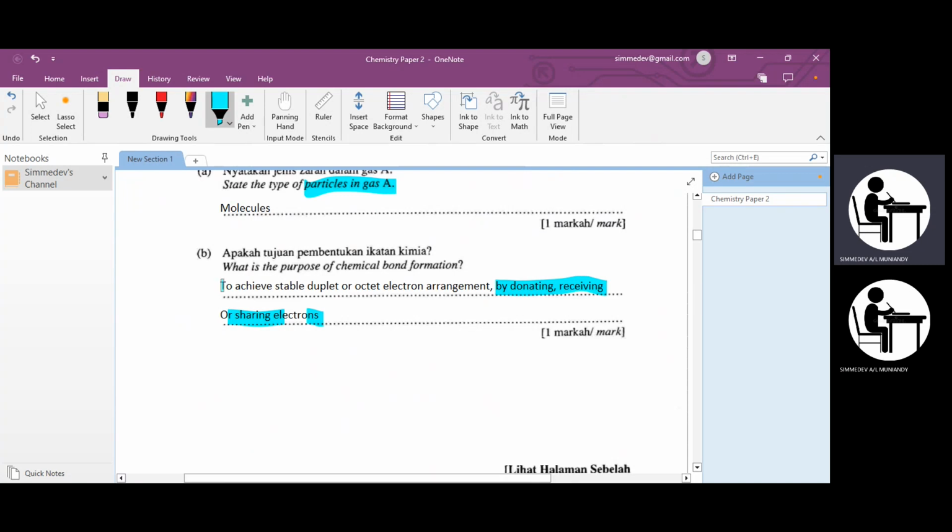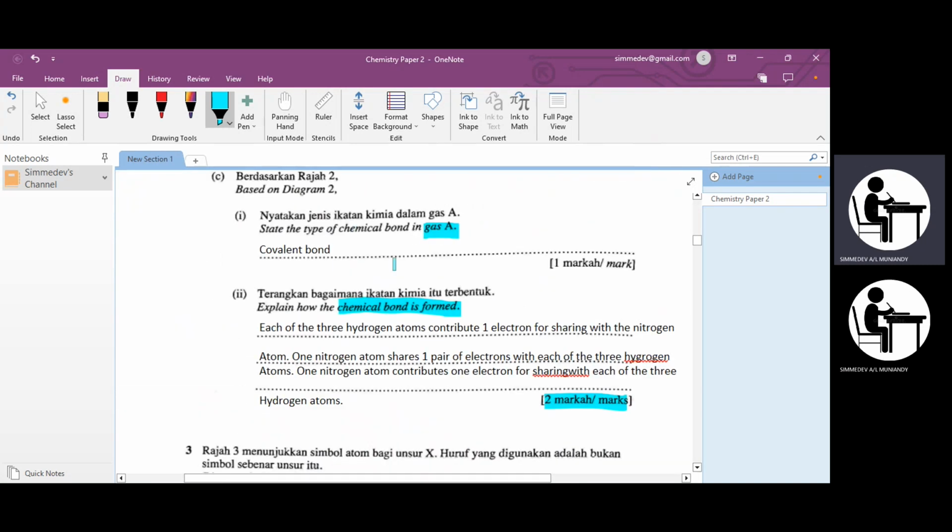This is the answer suggested in the answer scheme, and this is the additional information that you could give. When you're giving additional information, you have to mention it all: by donating, receiving, or sharing electrons.